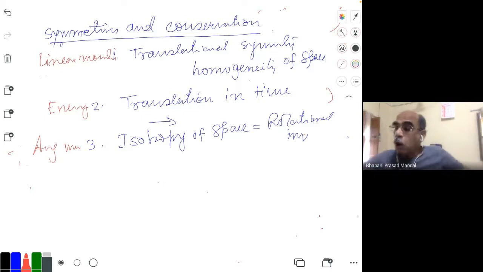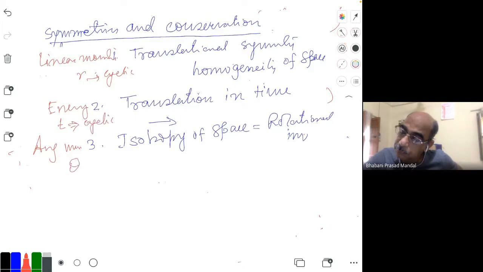Also, we can think that r is cyclic here. t is cyclic. Here the angular variable, in the example it was phi.